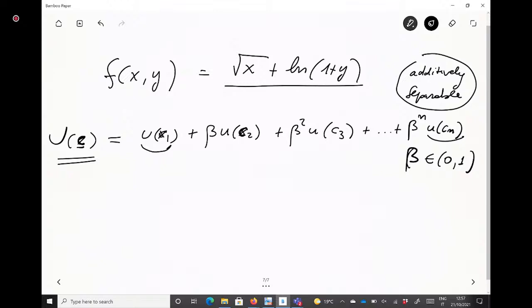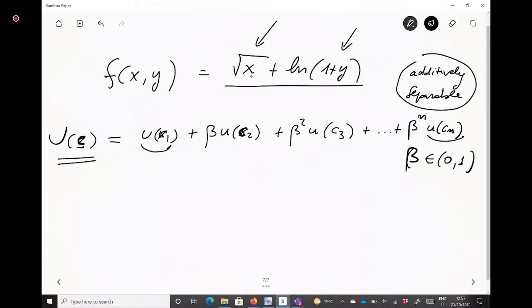But based on our rule, we can be sure that this is a concave function. Why? Because you will see that this is a concave function of variable y. This is a concave function of variable x. These are very elementary functions. You can test concavity by using the second derivative because they are one variable functions. These are also concave functions of two variables, okay, because of the previous rule.